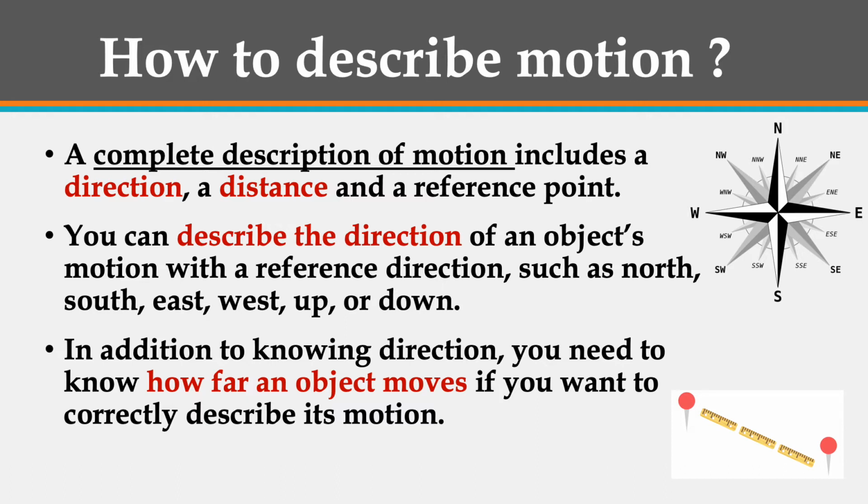So, first, describe the direction of the moving object. Second, in addition to knowing direction, you need to know how far an object moves, meaning the distance that this object traveled. Okay? So, to describe the motion of any object, you will describe the direction and the distance.